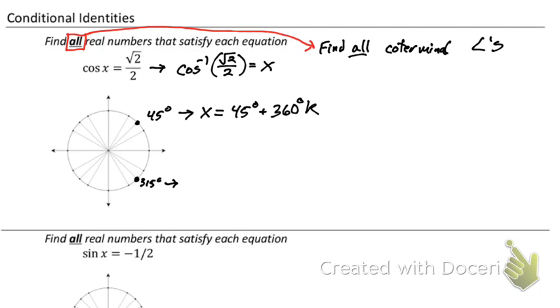Then if I have to list all the solutions for 315, I'm going to say, well, wherever x equals 315, or if I add 360 to it however many times I want to.